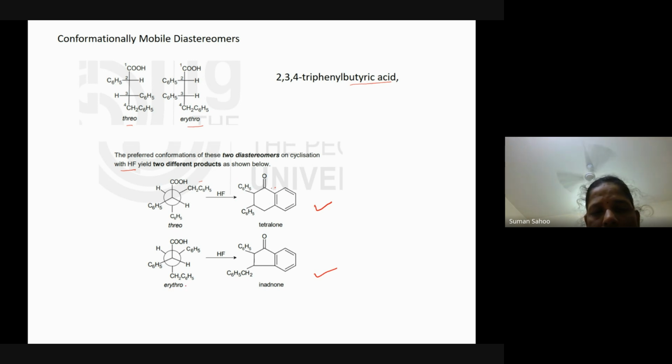But in case of your erythro, now this CH2C6H5 is exactly opposite of this one, whereas this C6H5 is present nearer to this COOH group. So now cyclization occurs between these two, resulting in the formation of a 5-membered ring, and this one gives you a 6-membered ring. So these two diastereomers are giving two different products.